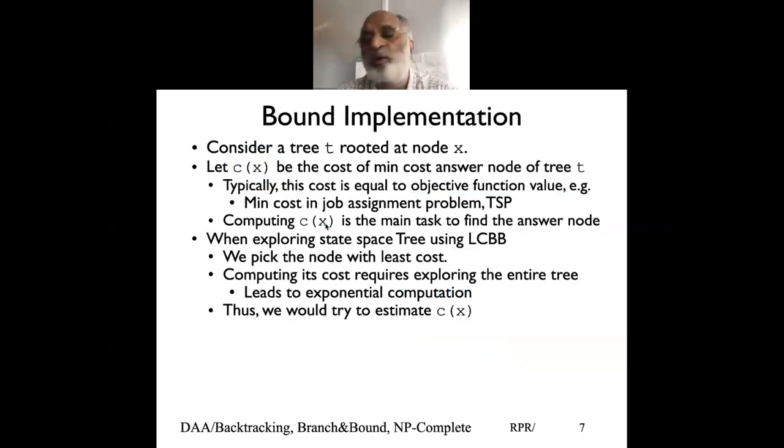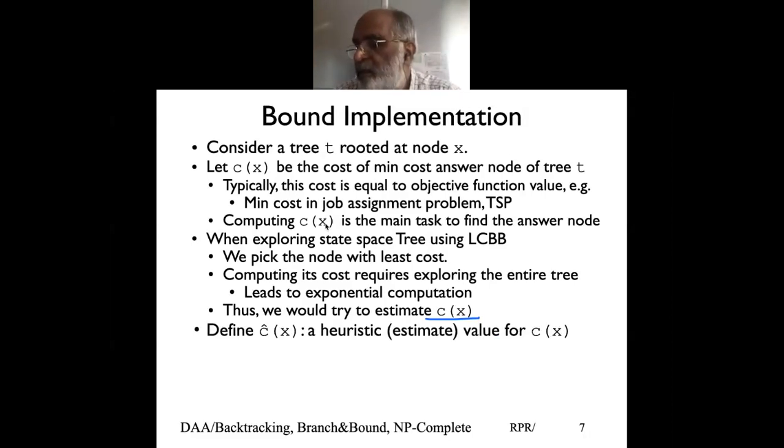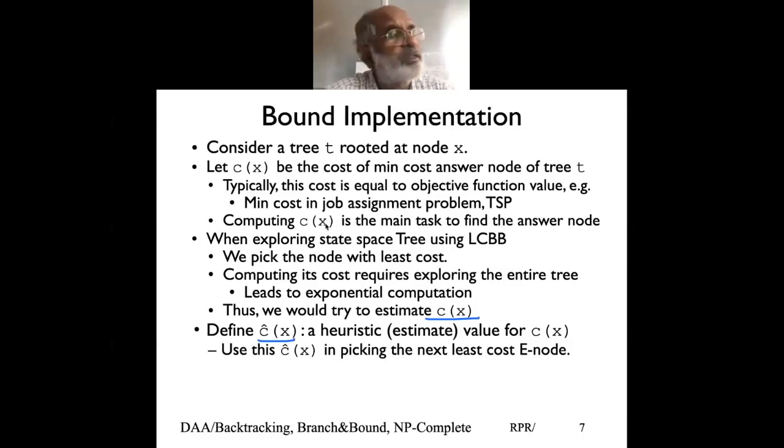Can we estimate what Cx is, take some estimate value, and proceed with that? The only constraint is that whatever heuristic value we use should be easily computable, and it should be less than the actual cost.